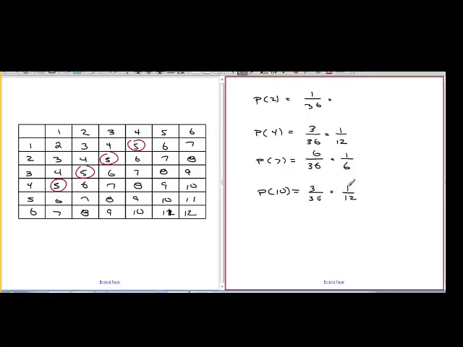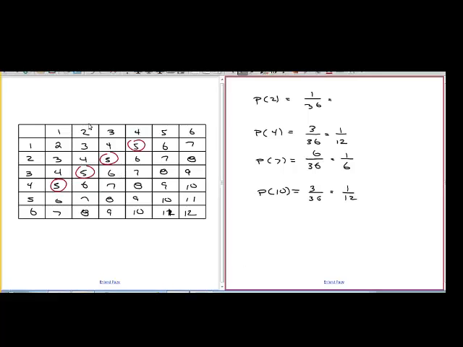So we would simplify if possible. So those are the probabilities. The sum that has the highest probability ends up being 7, which has a probability of 1/6. So if you roll the dice, 1 out of every 6 times, you'll get the sum of 7.